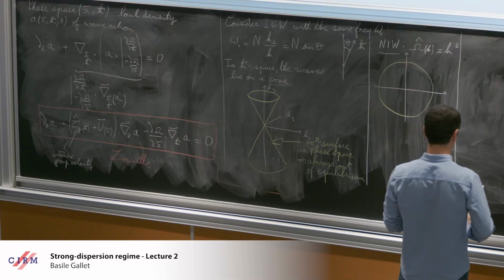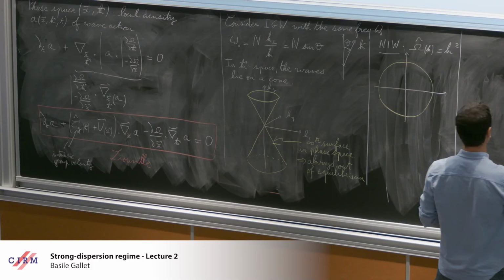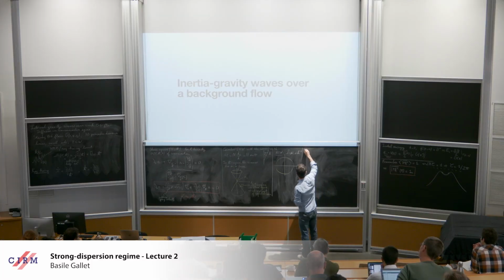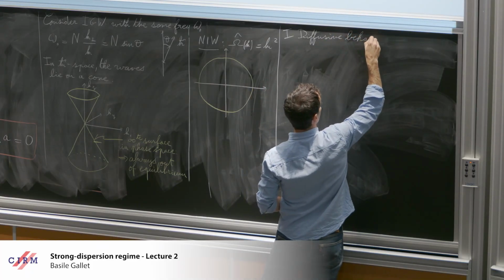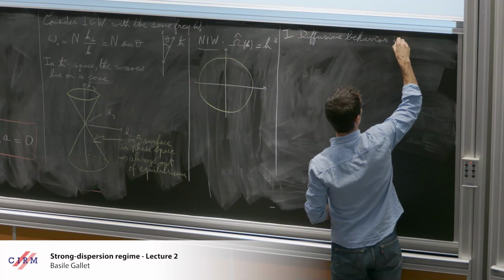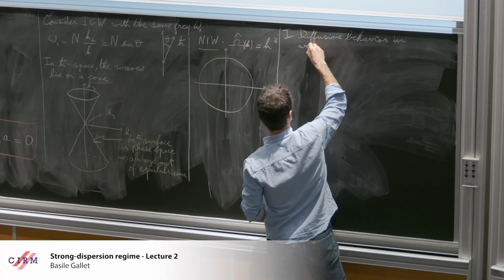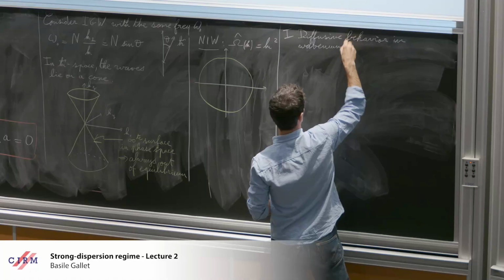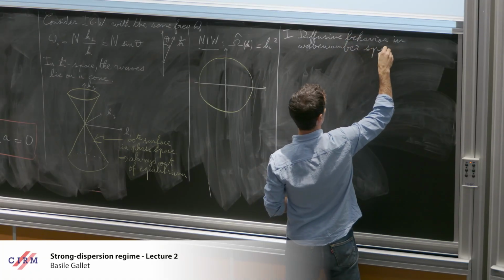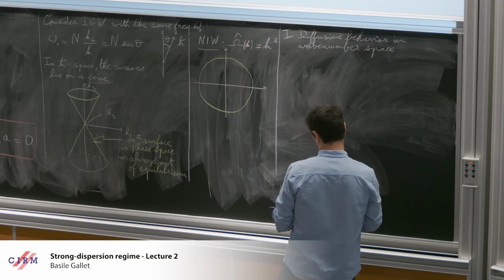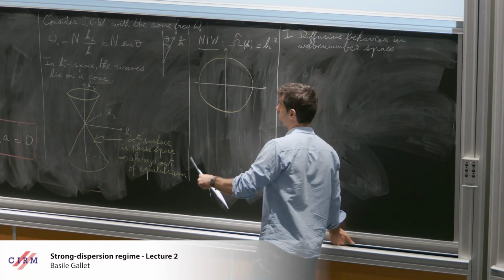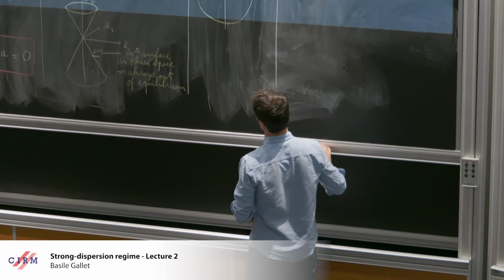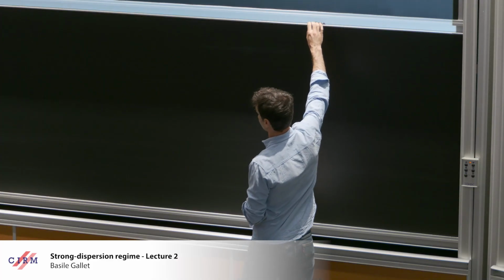So that's what I'd like to discuss now: this diffusive behavior in wave number space. And the goal is basically to try to solve this Liouville equation. It's time for me to use another board.